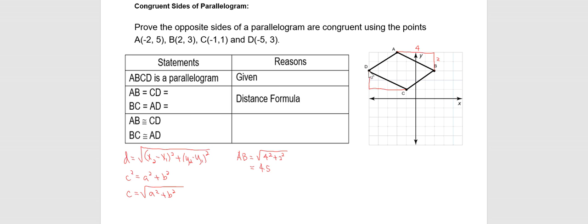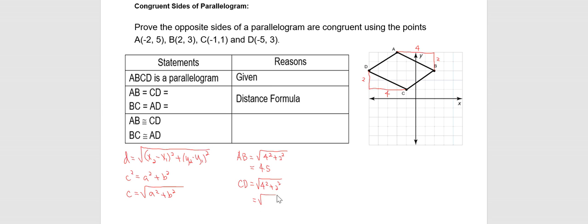Now we do the same for line segment CD. So for line segment CD, one side of the triangle is 2 units, the other is 1, 2, 3, 4. So this gives 4 squared plus 2 squared.